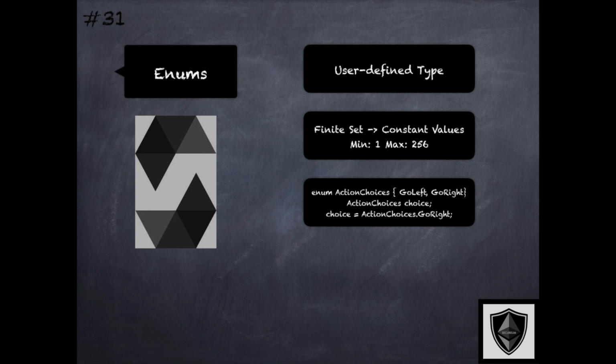Let's say that we have ActionChoices as the enum. It's declared using the enum keyword, and the two members are GoLeft and GoRight. One can declare variables of the specific enum type as shown. So here choice is a variable of ActionChoices, and it can be assigned the members of ActionChoices. So here we are assigning ActionChoices.GoRight to choice.